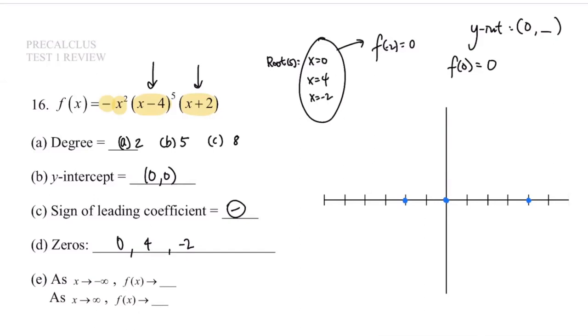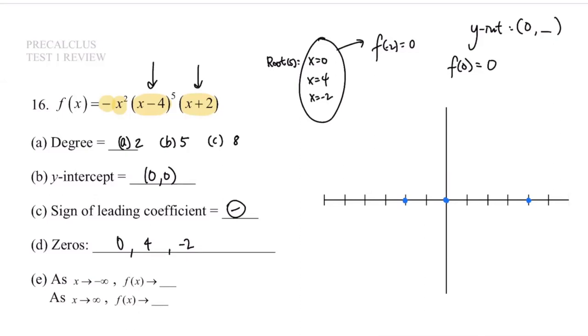The easiest way to tell is this. When we say degree, I think where the confusion happened last year was we talked about it is the greatest power, but then it's actually the greatest power when everything is multiplied out.